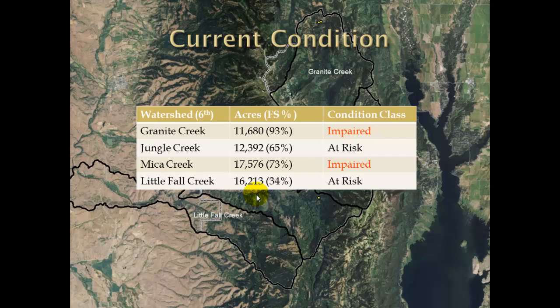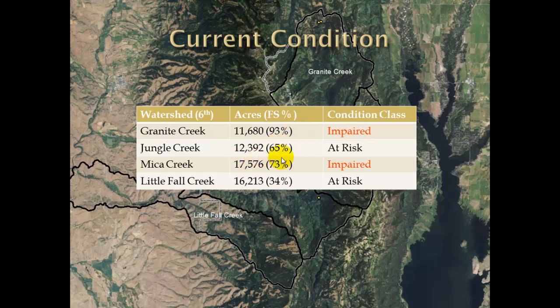So what is the current condition for these four watersheds within the Middle Fork Weiser River? Granite Creek, the current condition class is impaired. Note that the size is 11,680 acres, and the Forest Service dominates the ownership in that watershed. 93% of the land within that watershed is managed by the Forest Service.